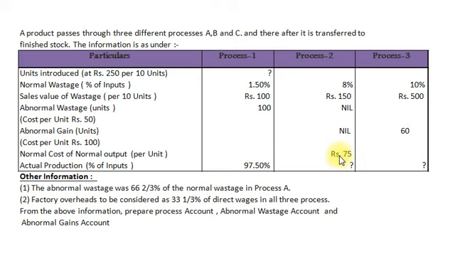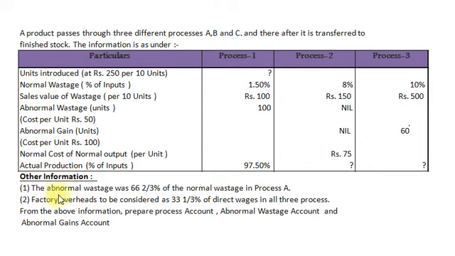So here you please understand, 50 rupees is in cost of actual output and cost of abnormal wastage for process number 1. 100 rupees is cost of abnormal gain and cost of actual output in process number 3, and normal cost of normal output of process 2 is rupees 75, and that is nothing but cost per unit of our actual output. And then actual production is given 97.50 in process 1.